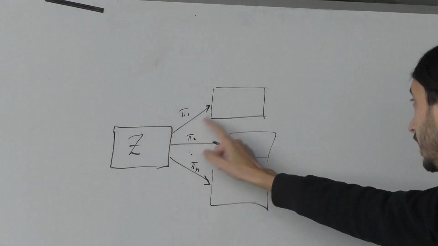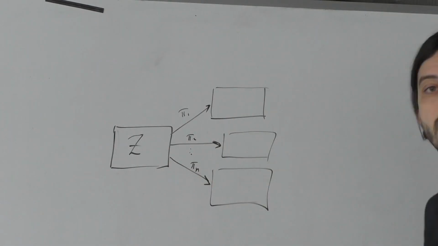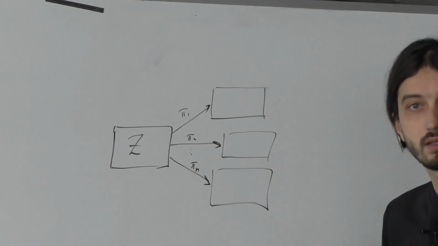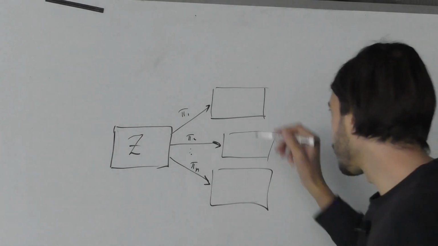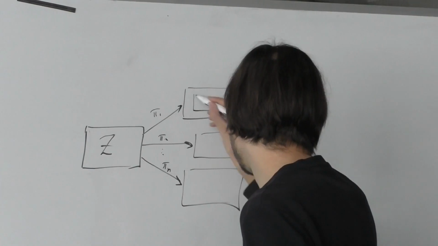But each of the devices to which this one is connected has a different probability distribution inside. Let's suppose that's some sort of normal distribution, so nothing very fancy.